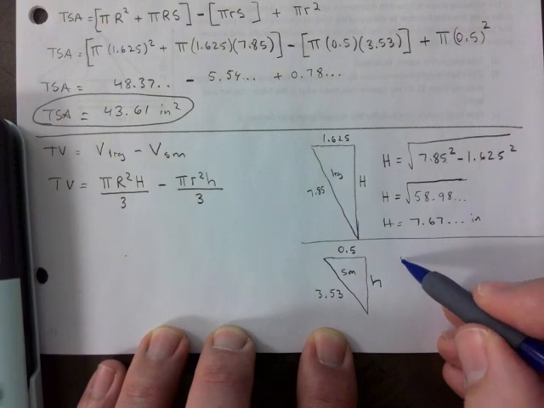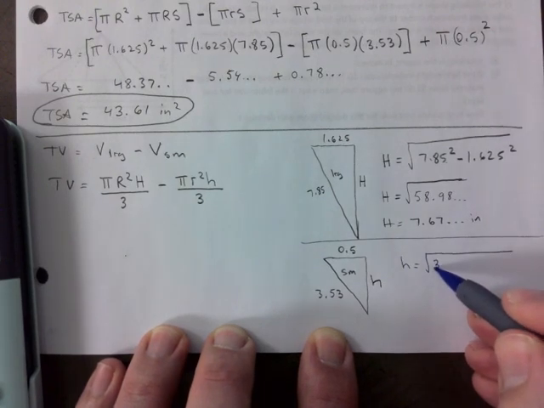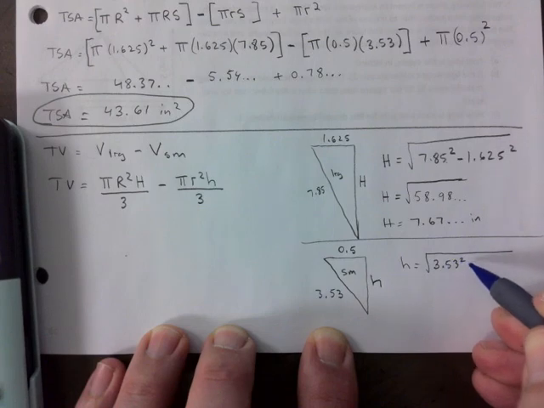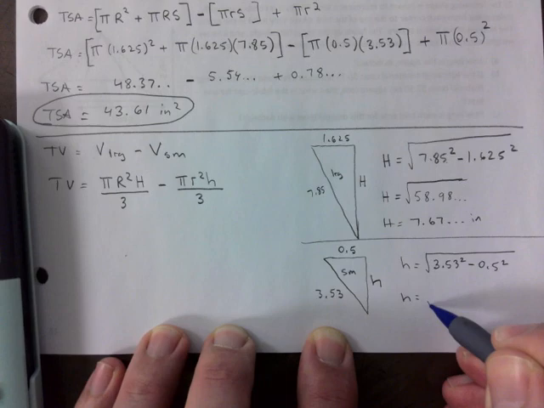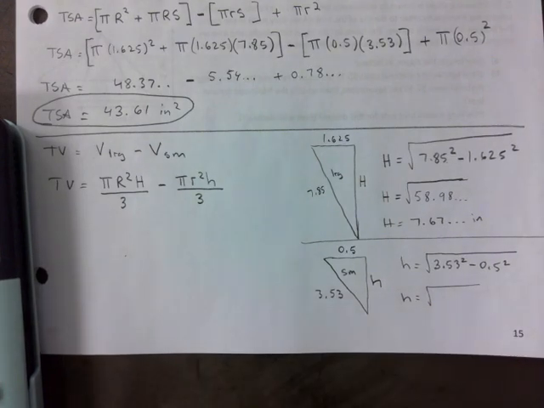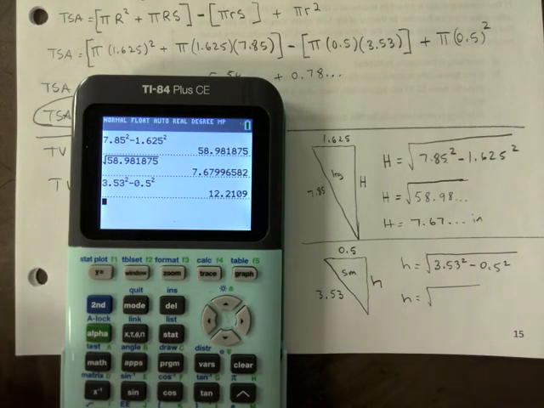And the process is the same here. Take the root of the hypotenuse squared minus the other leg squared. 0.53 squared. There you go. Take the root of that.